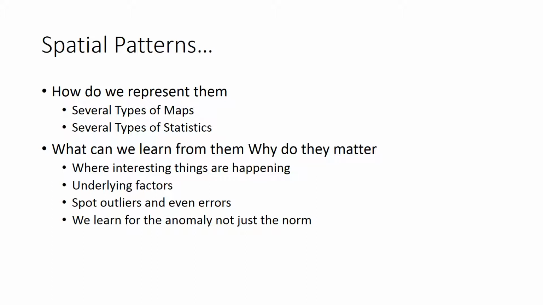These are all very important things because they speak to underlying factors, what's going on outside of our data set that could be influencing our data set. It allows us to spot outliers and even errors, things that don't make sense, things that maybe are just simple typos or elements of the data collection process that were fouled in some fashion. We can learn a lot from these anomalies, not just from the normal data, but from the abnormal.